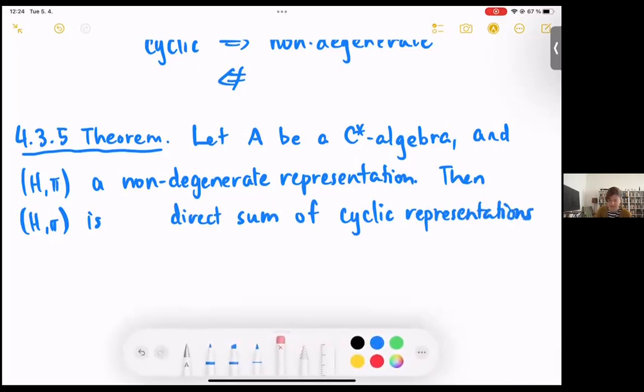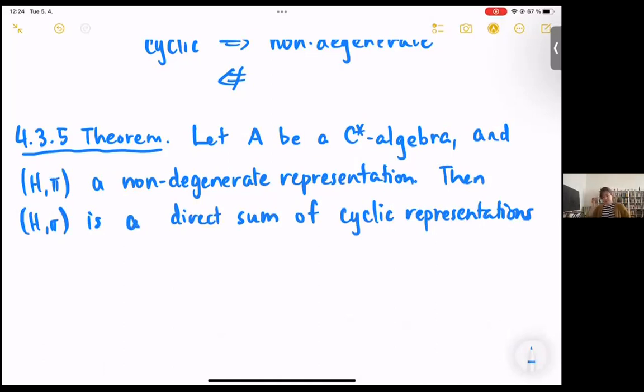I guess I should say direct sum there. So non-degenerate and cyclics are sort of the components of a non-degenerate representation.